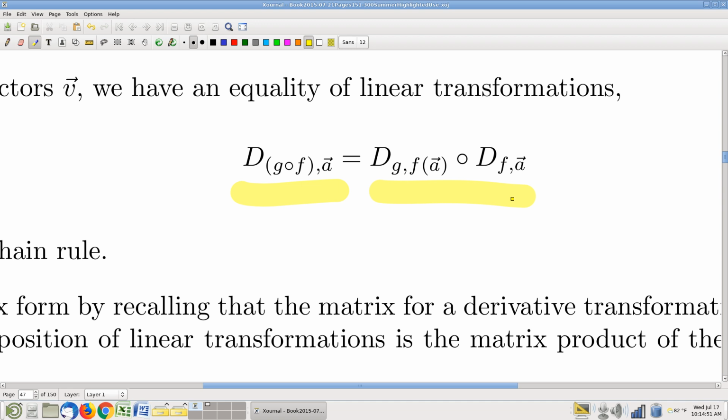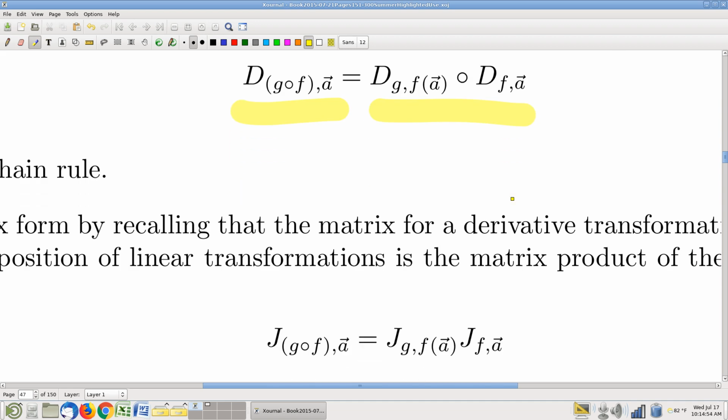Okay. By the way, don't forget compositions in the matrix shorthand. Compositions are matrix products, and so another way to say this is that the Jacobian of a composition is the product of the individual Jacobians.